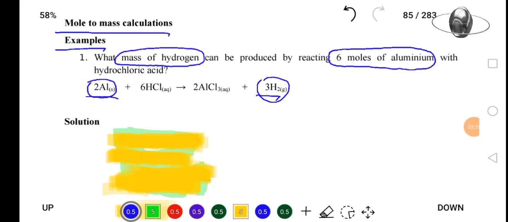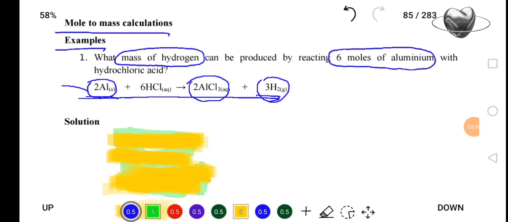In this equation, we can interpret it as we need 2 moles of aluminium to react with 6 moles of dilute hydrochloric acid for us to form 2 moles of aluminium chloride with 3 moles of hydrogen.